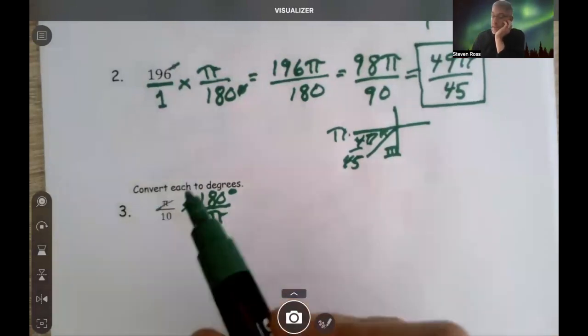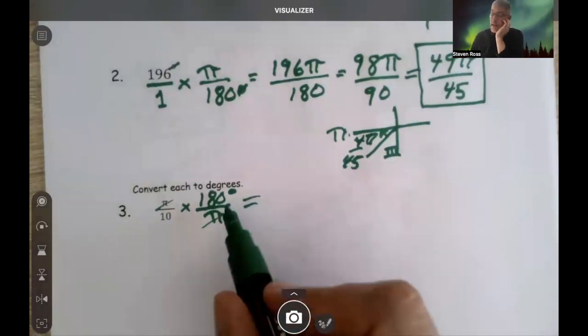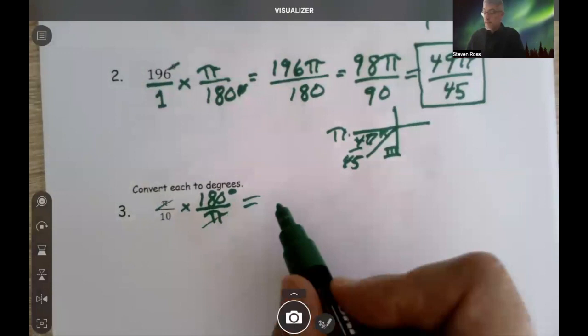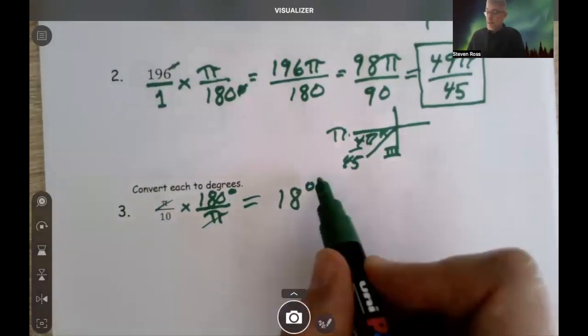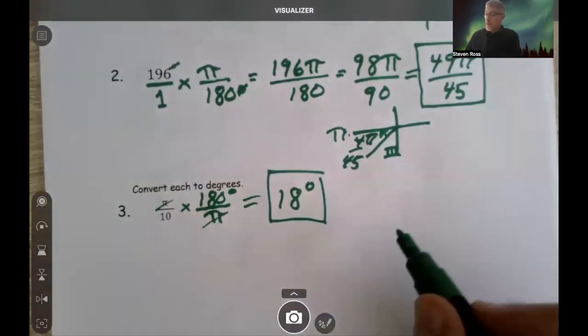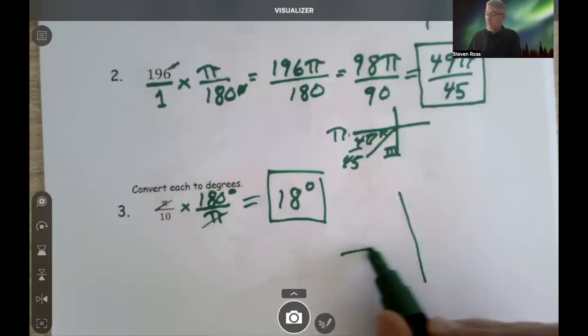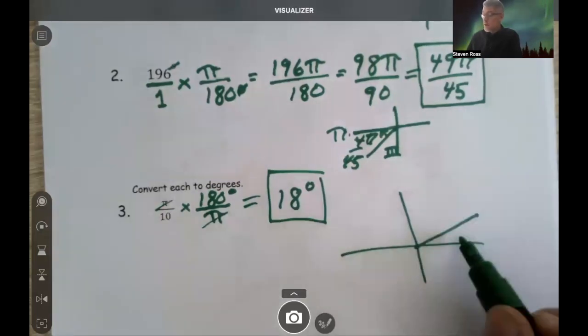You can see what's going to happen here. The pi's are going to cancel, and we're left with 180 divided by 10, which is 18. I still have my degrees. They have not canceled. It's equal to 18 degrees. And of course, an 18-degree angle, like pi over 10, is going to be in quadrant 1.